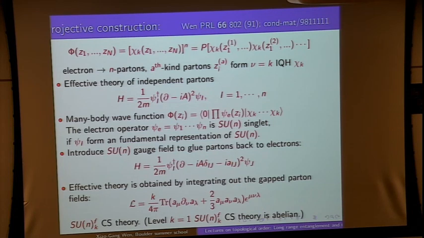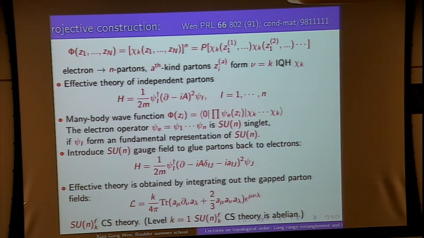However, for small K, like K equals 2, this A has large fluctuations. This A may cause some dynamical change of the parton, and the parton may form a Wigner crystal or something like that. That would be the concern.